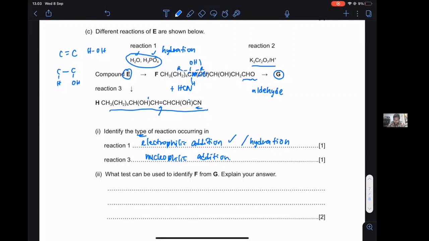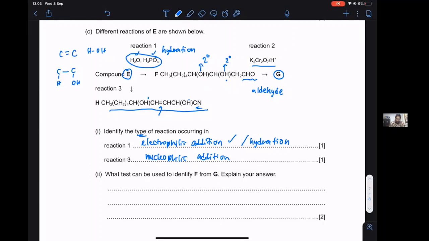That OH has 2 R groups, so it's a secondary alcohol. I'll just put secondary alcohol over here. This one, if I erase this H and this OH, you can see one R group, another R group. This is also secondary, 2 R groups. This is also a secondary alcohol.